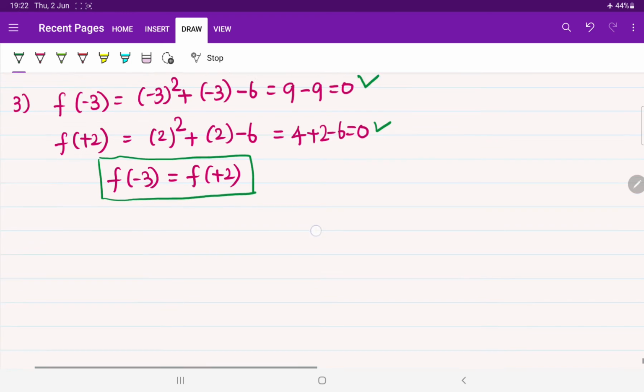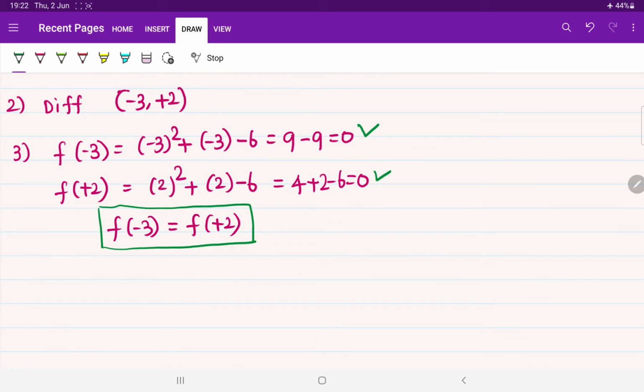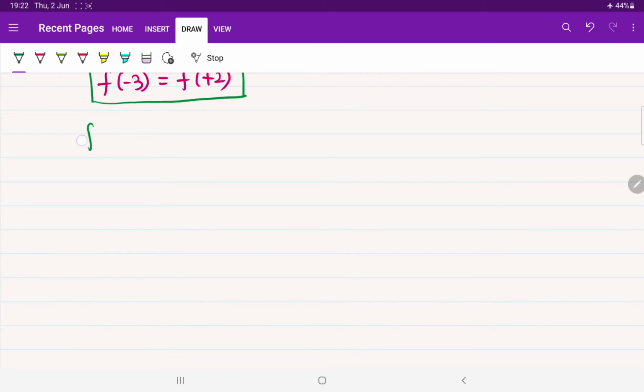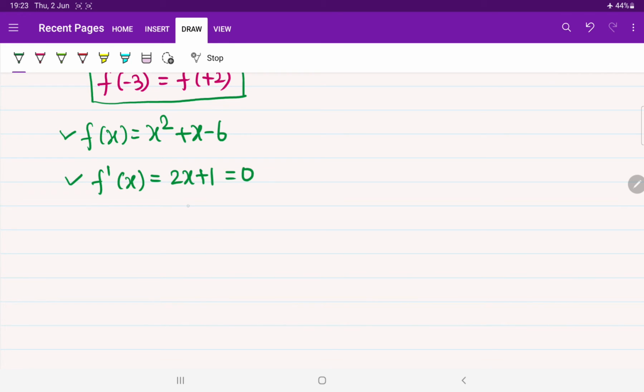So, if Rolle's theorem satisfies these three conditions, the next step is to take the function f of x equal to x power 2 plus x minus 6. Differentiate the function once, then you will get f dash of x equal to 2x plus 1, and then equate this to 0.